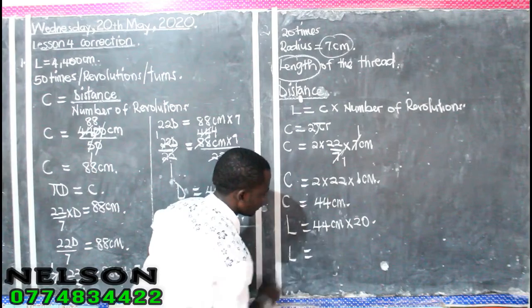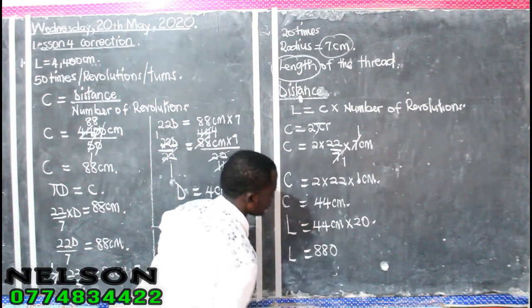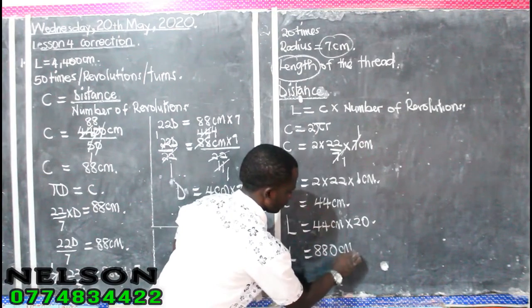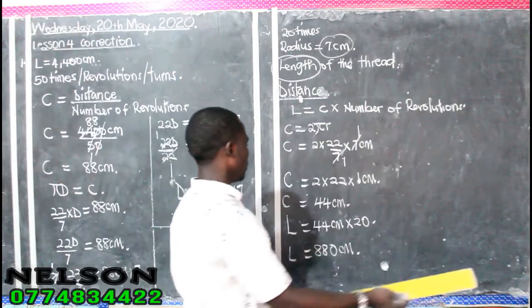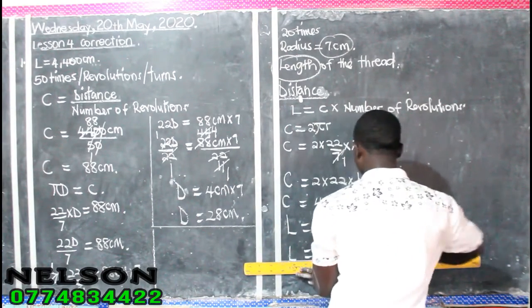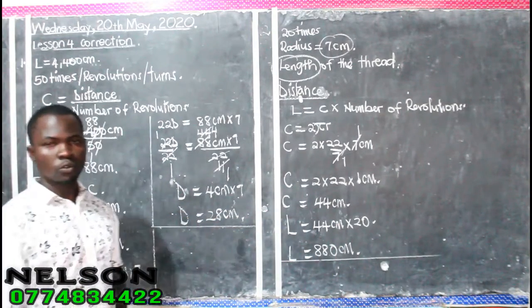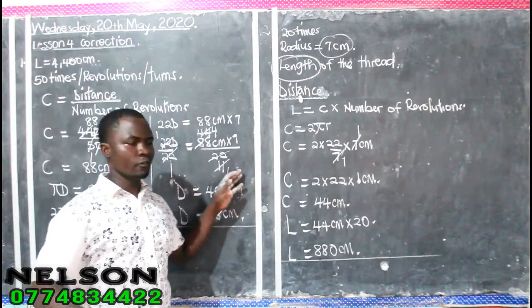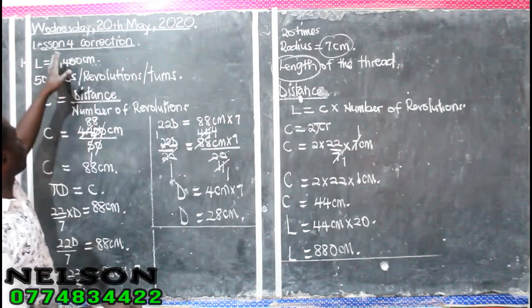If you multiply this with this, you shall have 880 centimeters. And this is the length of the thread. This is the correction for lesson 4.